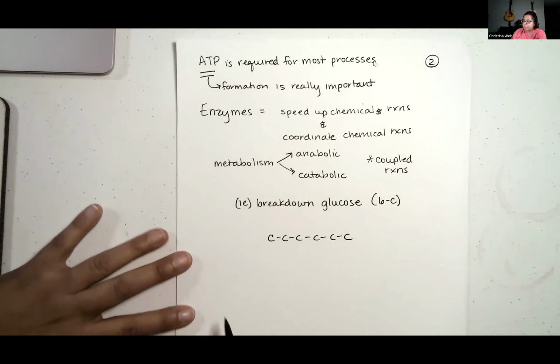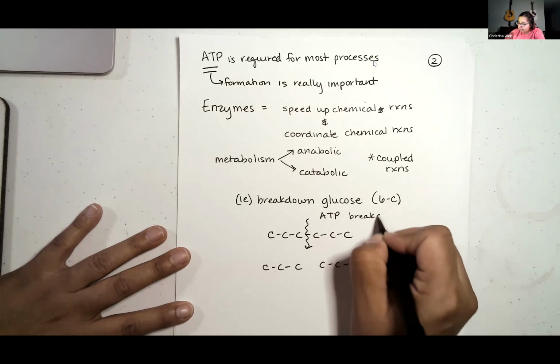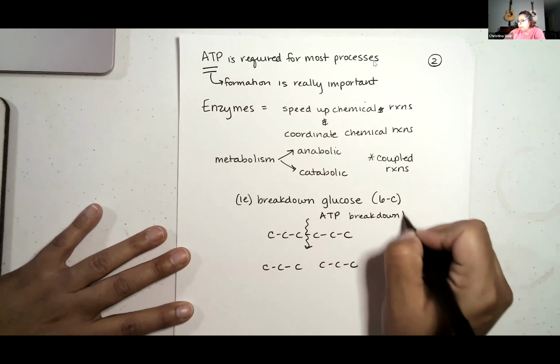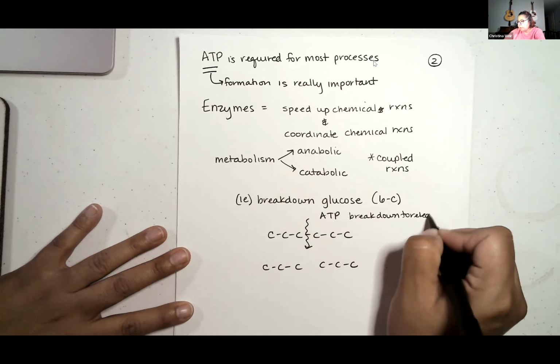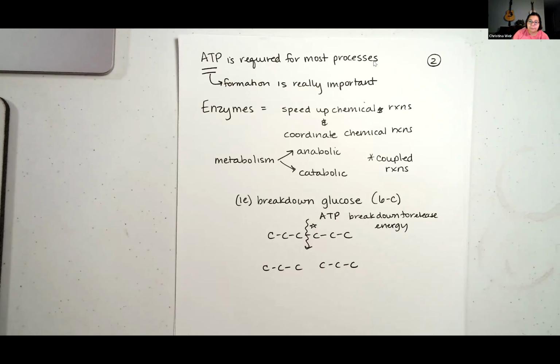Well, what we're actually doing is you break down ATP in order to release energy, and the energy from the breakdown of ATP is used to break this bond. So that's a good example of a coupled reaction. This reaction happens first, and it creates the energy we need to make the next reaction happen.